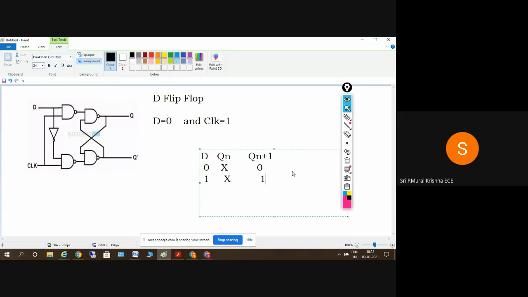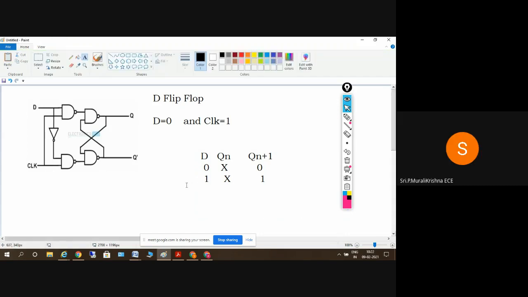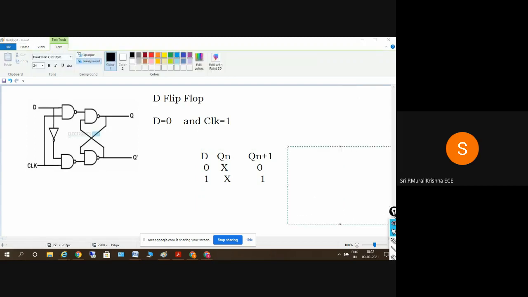Okay, so this is the truth table. If I need the elaborated truth table, I can draw D, Q of n, and Q of n plus 1.